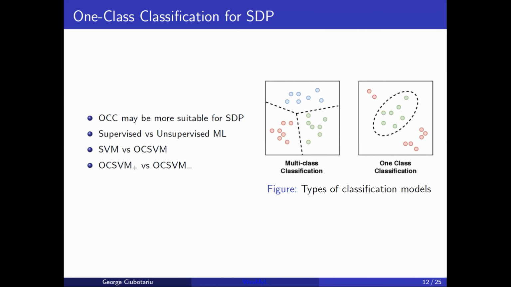So this is the main advantage, that we can use only one of the two classes, and we don't have to annotate first, and we don't have to search for bugs.